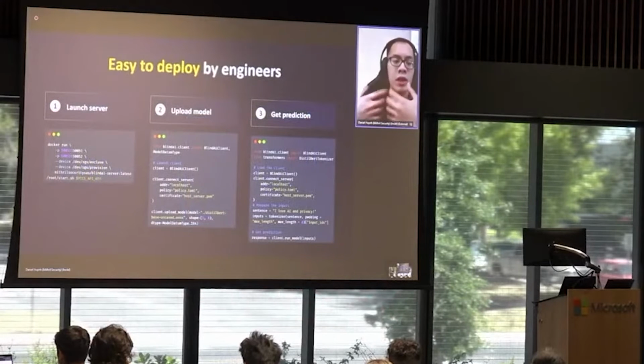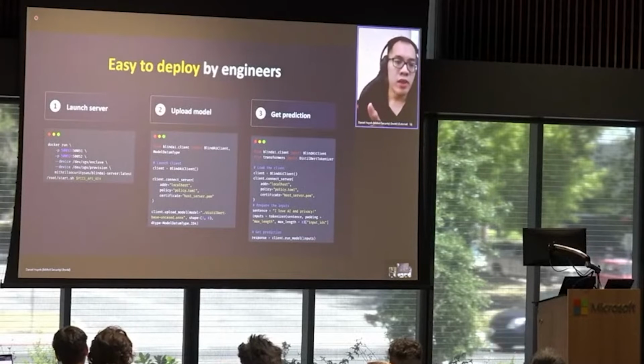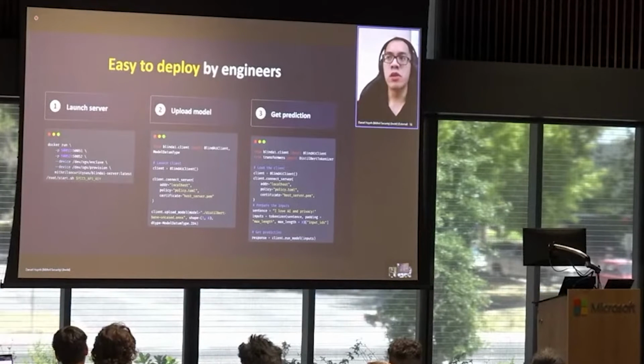The idea is that by leveraging the Onyx format, we make it easy to deploy AI models with privacy guarantees. You can easily deploy our Docker images, for instance, in Azure using a confidential VM. Then with our Python SDK, you can securely upload your Onyx model. For instance, here we put a Distilbert model inside of this.